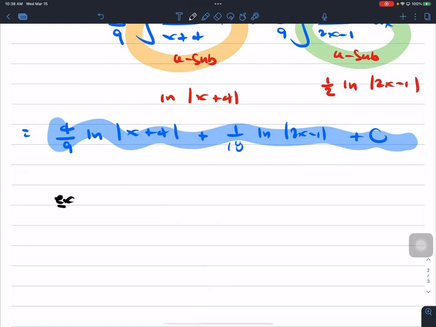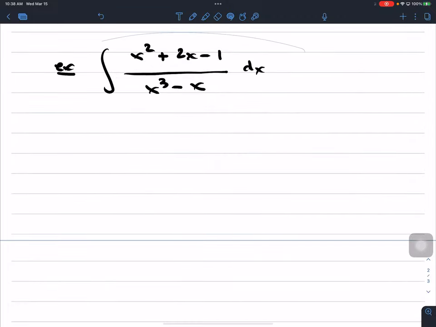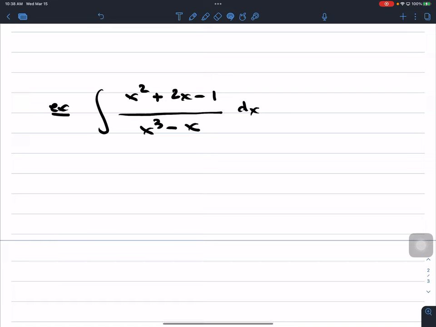All right, give you guys another example. And you have now x squared plus 2x minus 1, everything over x cubed minus x. Take a look at that one. So what do you guys do here?